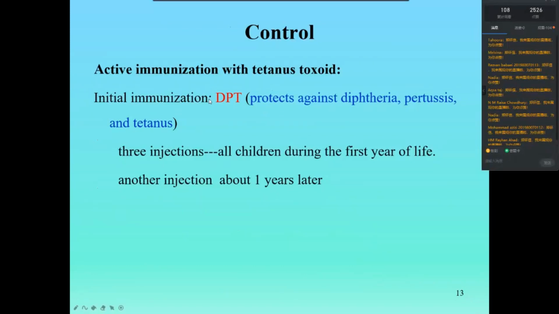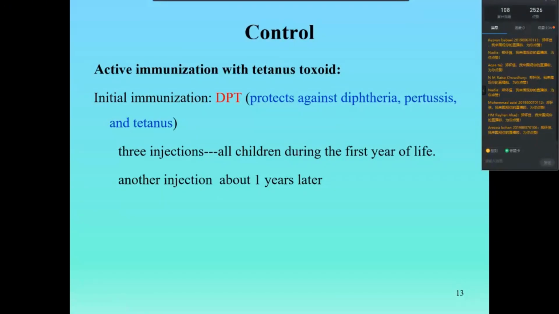And this DPT vaccine is given to all children during the first year of life, 3 times, 3 injections. And then there is a 1-year gap, and 1 year later, you give the children another injection.